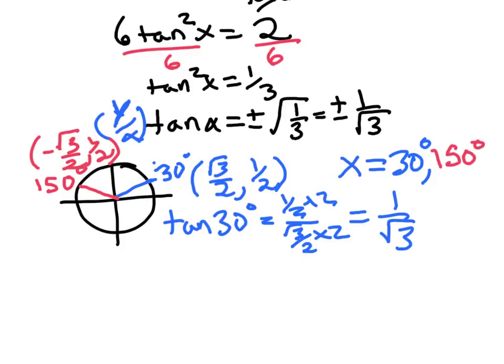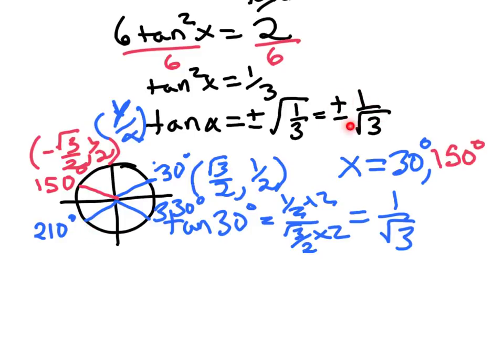You're going to find solutions also in quadrant 3 and in quadrant 4, at 210 degrees over here and at 330 degrees over here. In quadrant 3, sine is negative 1/2 over cosine is negative square root of 3 over 2, so you'll have a negative over negative.